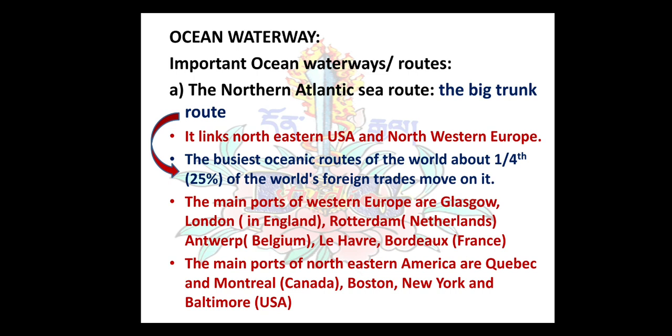Some of the important seaports from the American side are Quebec and Montreal in Canada, and Boston, New York, and Baltimore on the USA side. These are important seaports of the northeastern part of USA and some Canadian cities. So this is the most important route of the world.